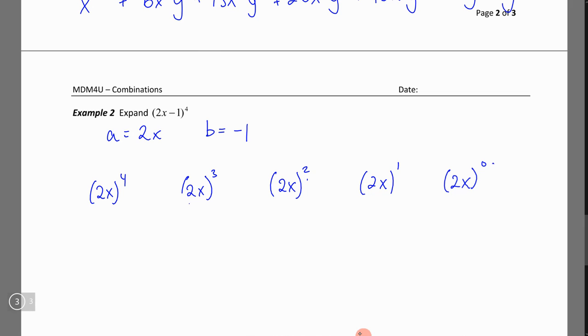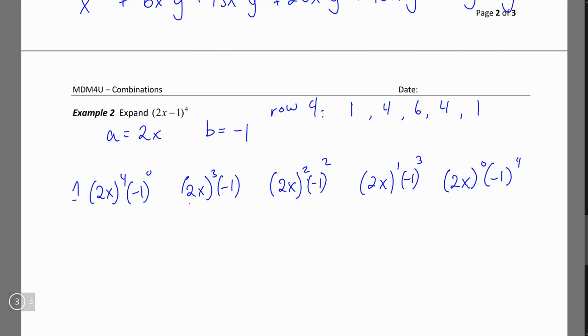And going backwards, I have negative 1 to the power 4, negative 1 cubed, negative 1 squared, negative 1, and negative 1 to the power 0. And then what are my coefficients from Pascal's triangle? Well, for row 4, we know they are 1, 4, 6, 4, and 1. So here I'm going to write 1, 4, 6, 4, and 1. Let's put some plus signs in between all of these. And then we simplify. Now be careful when you simplify, some of these plus signs might turn into minus signs.